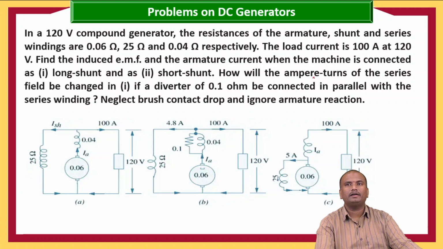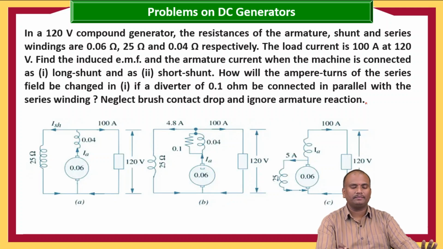How will the ampere turns of series field change in long shunt if a diverter of 0.1 ohms is connected in parallel with the series winding? Neglect brush contact drop and ignore armature reaction.